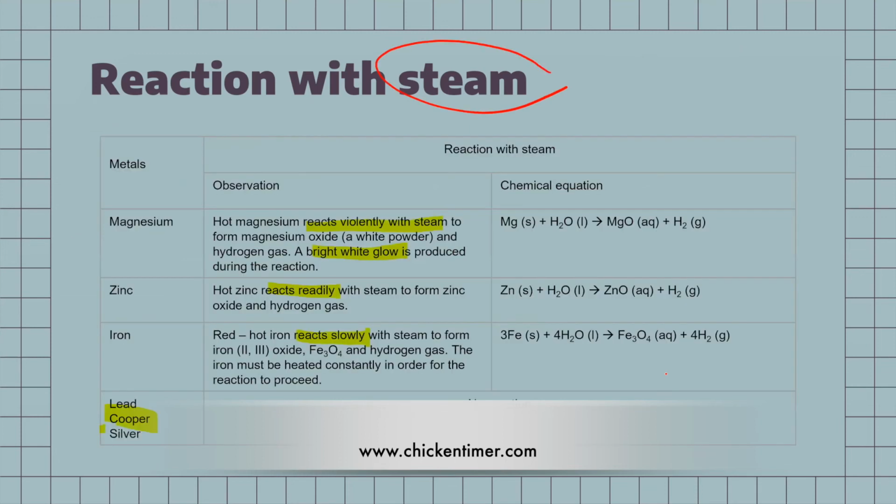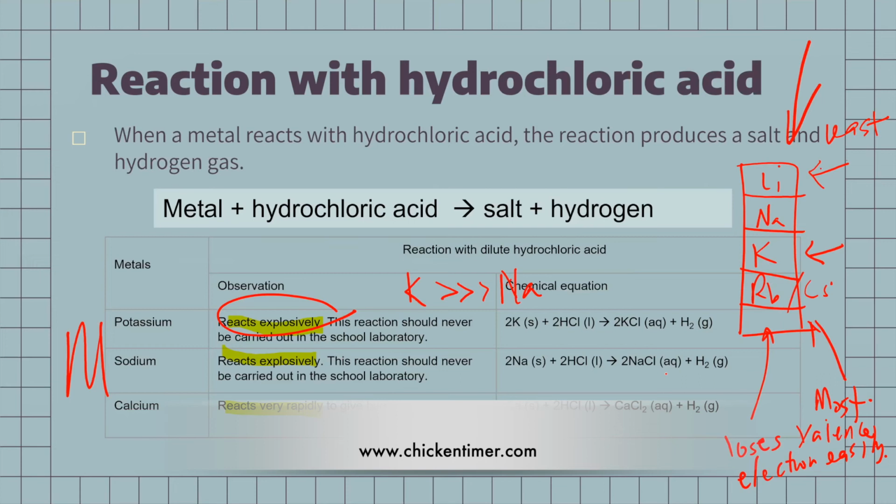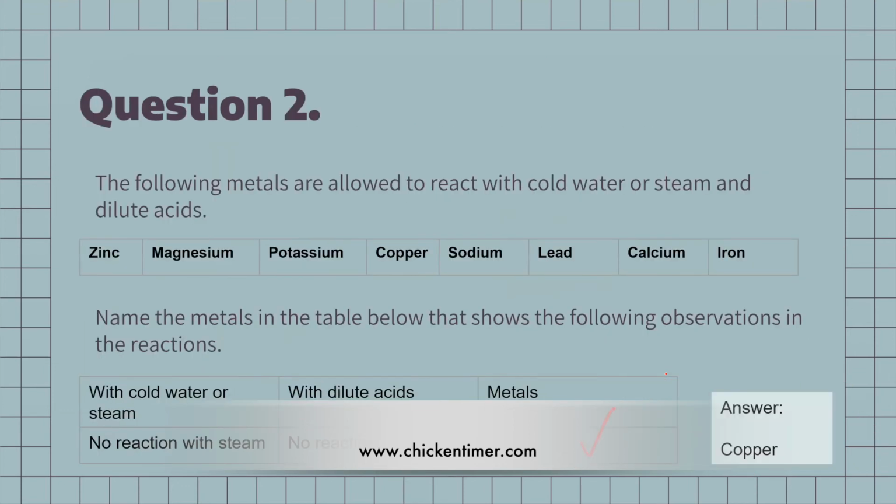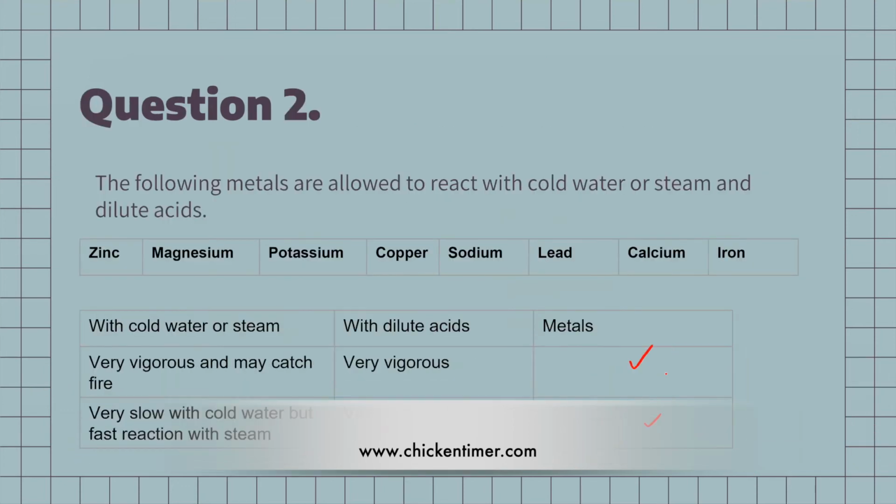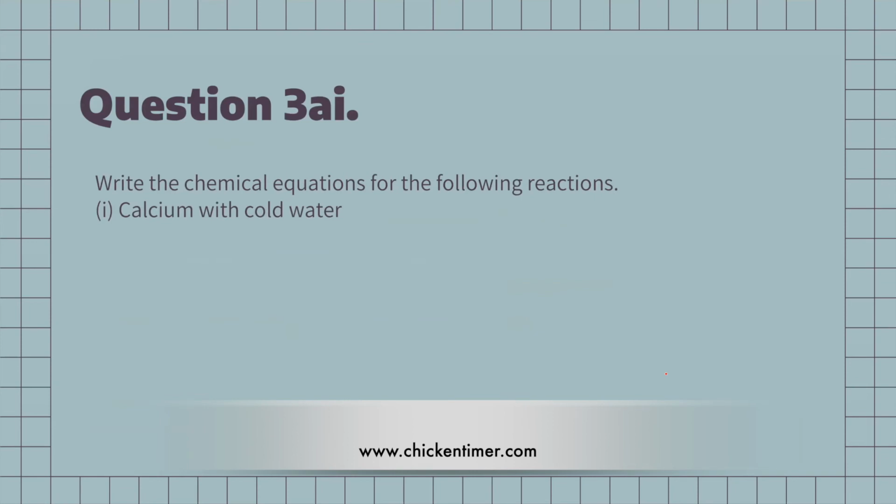Then the last one is metal plus hydrochloric acid will give you salt and hydrogen gas. So that's from last week. So then now, back to this calcium with cold water. That's a reminder. So you will fill up.